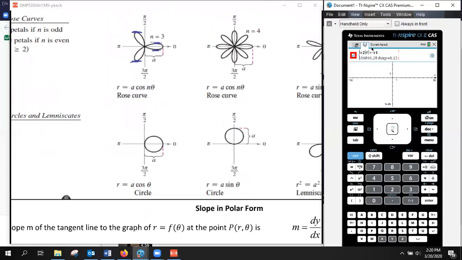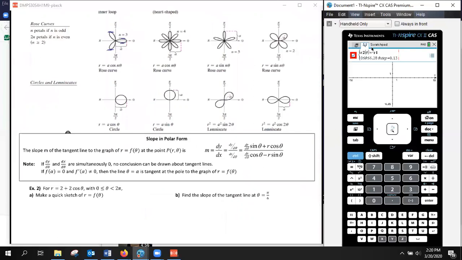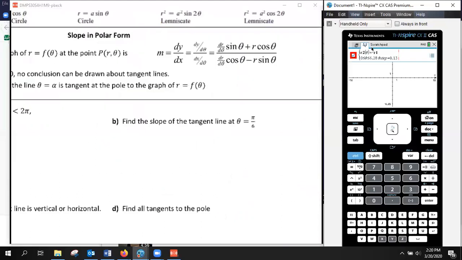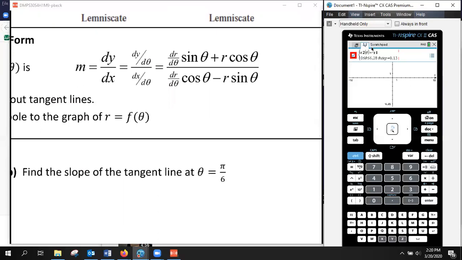So, slope in polar form. Now, as we learned when it comes to parametrics, we could take this parametric and say the slope is dy dx, where in parametrics we called this dy dt and dx dt.